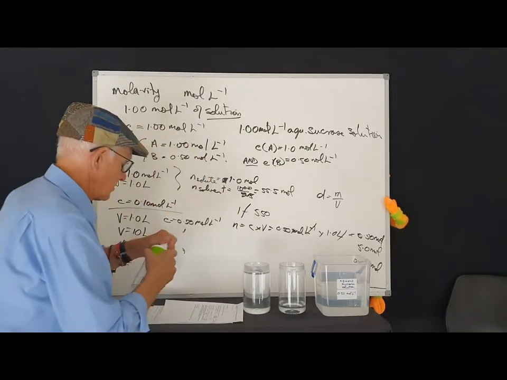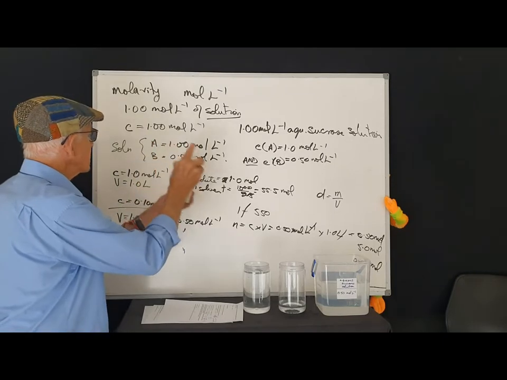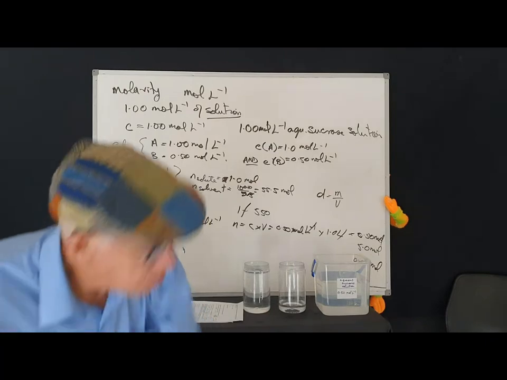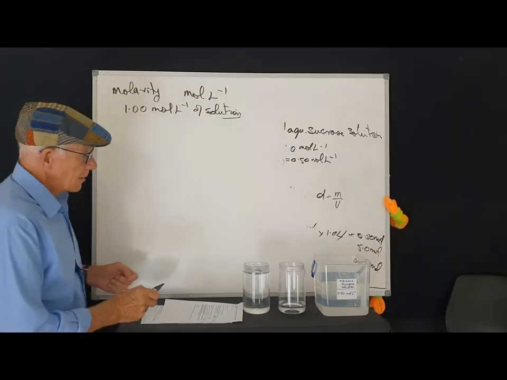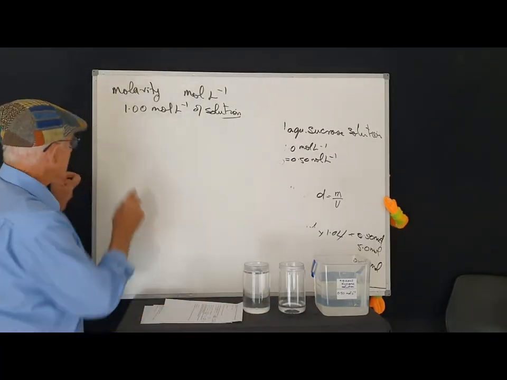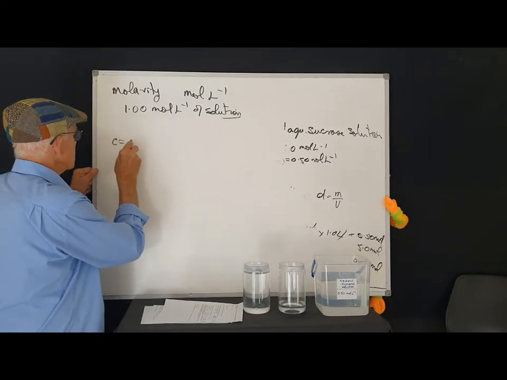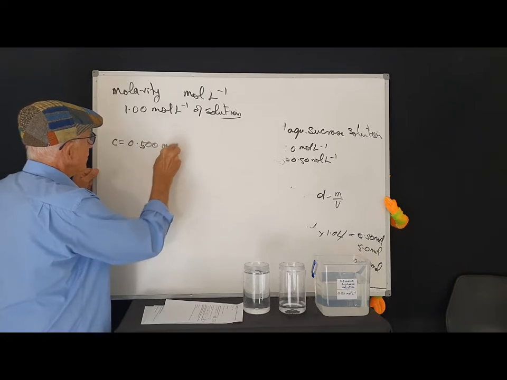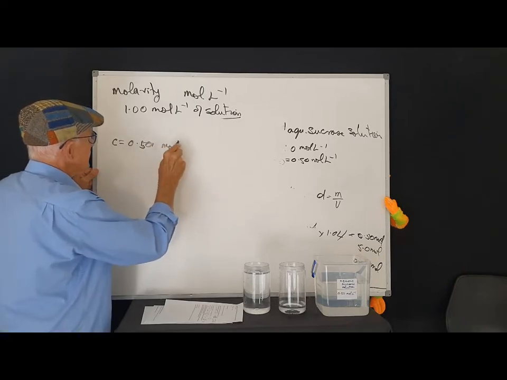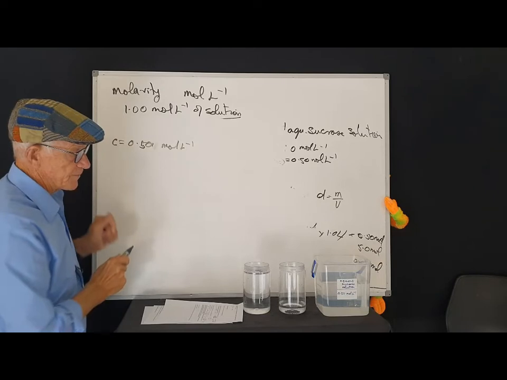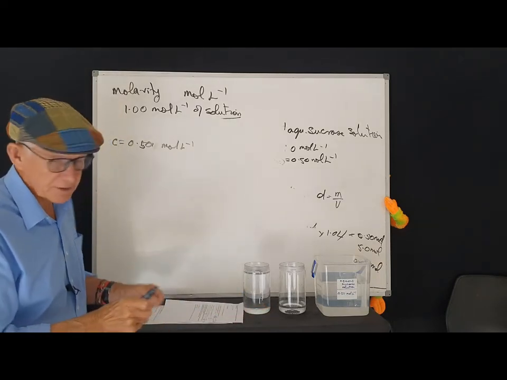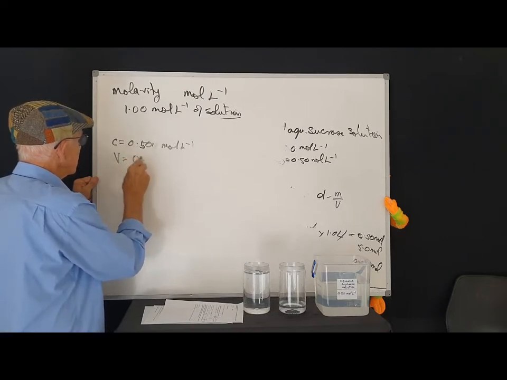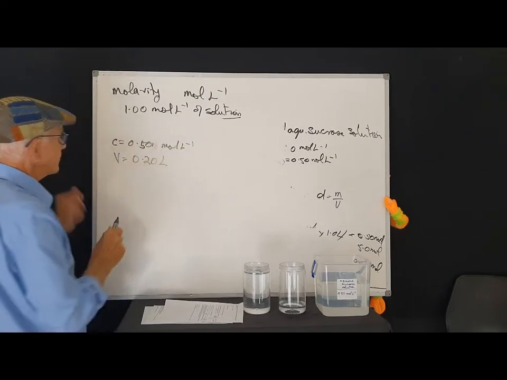Let's do a calculation here. Yeah, in the first instance, our concentration is 0.5 moles per litre, and the volume is, say, 200 mils. So I took 2 of those coffee cups fulls. So the volume, 200 mils, is 0.2 of a litre.